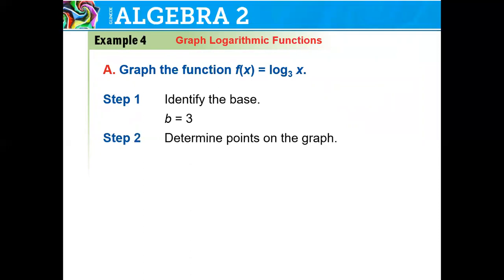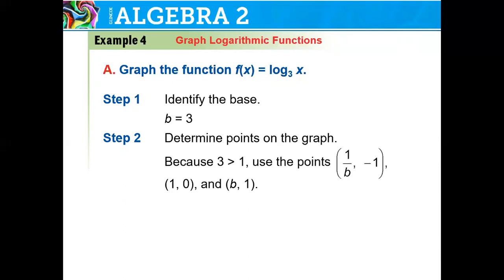Okay. Now, second step, we need to determine points on the graph. Whenever you want to graph your logarithmic functions, there are 3 important points that we will be using for any logarithmic function. The points are (1 over b, -1), (1, 0), and (b, 1).